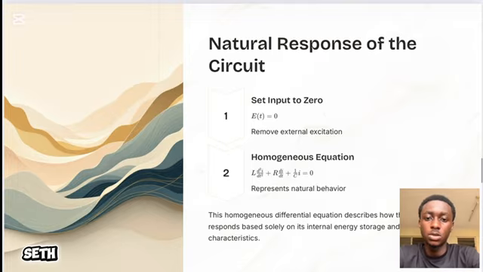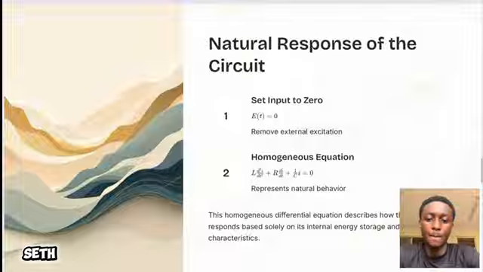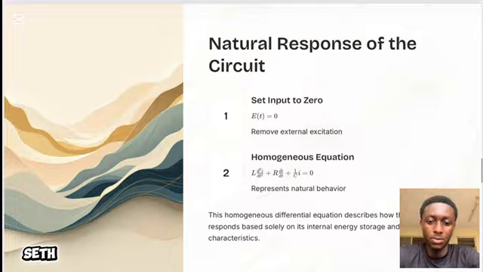So to start our derivation, we take our homogeneous differential equation and divide every term by the inductance L. This simplifies the equation to d squared i over dt squared plus R over L di/dt plus 1 over LC i equals 0.